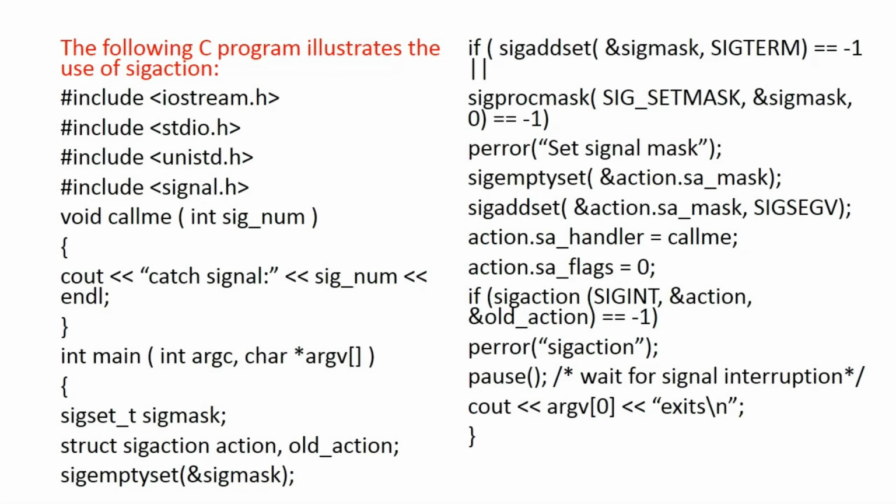Whether we are going to block a signal or unblock a signal, based on these two, you can call a sigaction API. In this program, you are trying to assign a signal, that is SIGSEGV, to a signal mask when raised due to a segmentation fault.